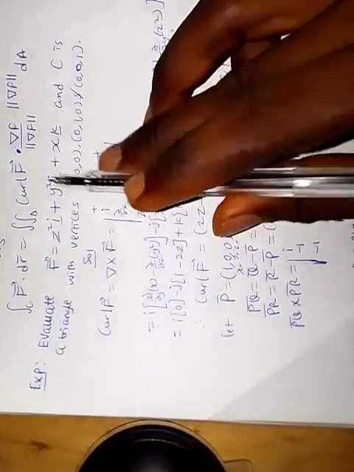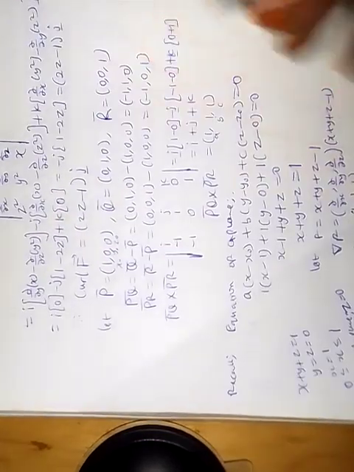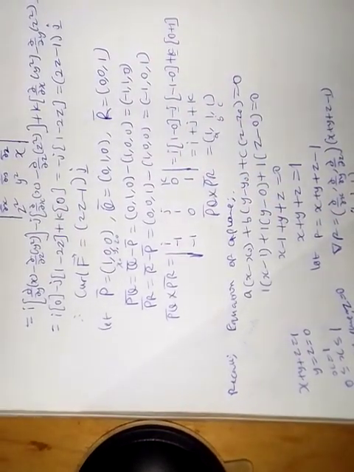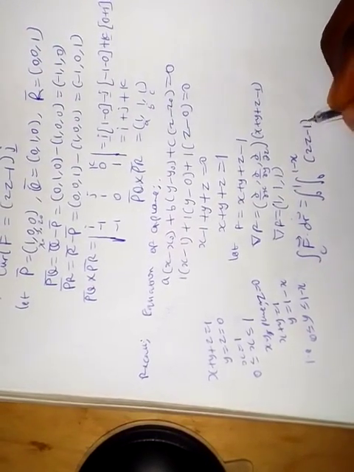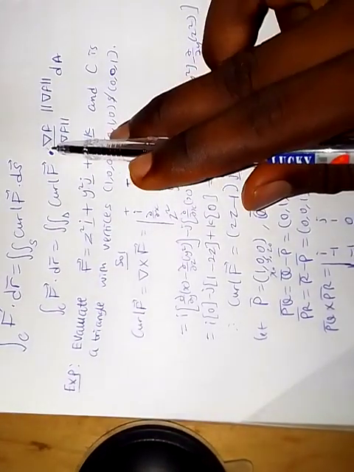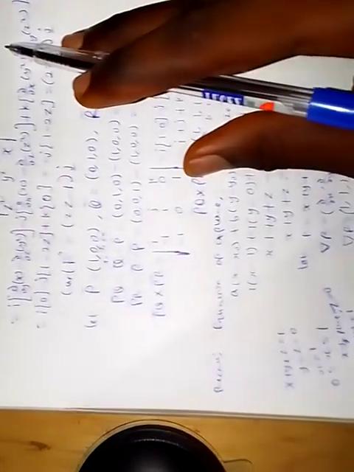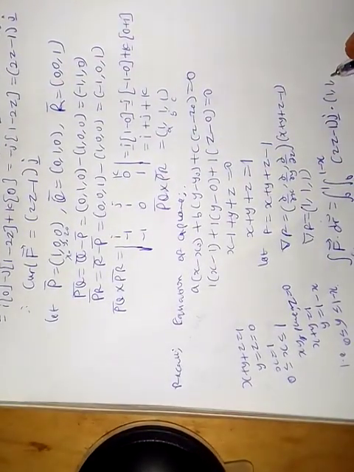Our curl F is simply 2z minus 1 times k component, dot the gradient of f, which is grad f, we have 1, 1, 1.